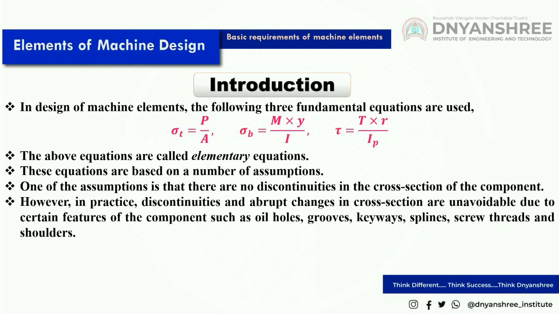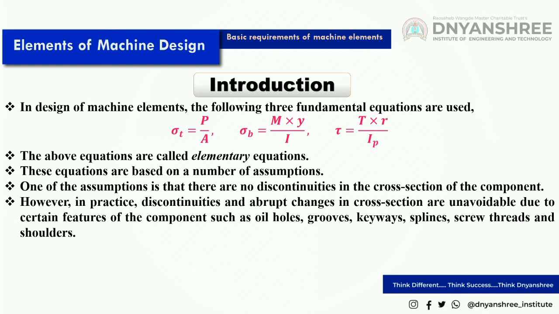However, in practice, discontinuities and abrupt changes in cross section are unavoidable due to certain features of the component. In practice, it is not possible to design any component without discontinuities or abrupt changes.